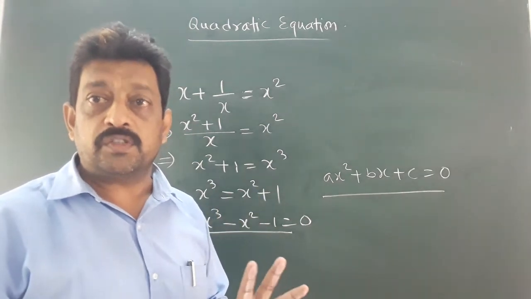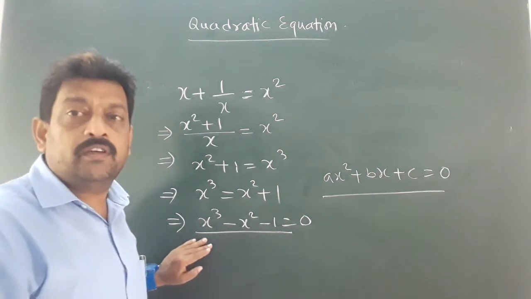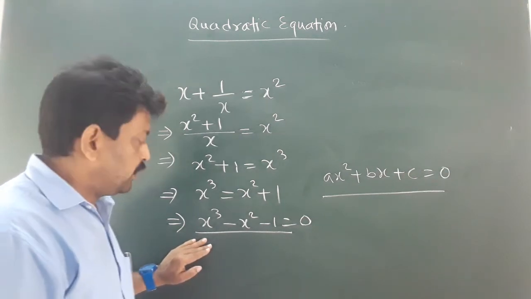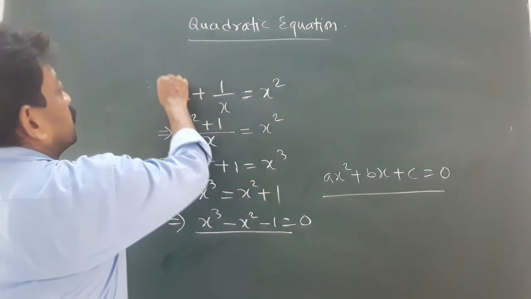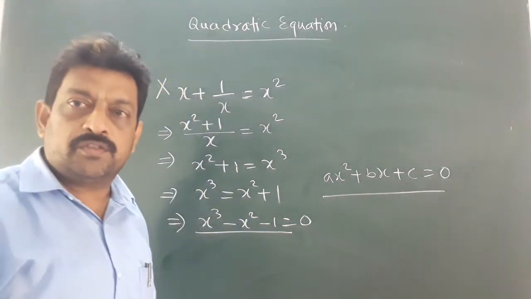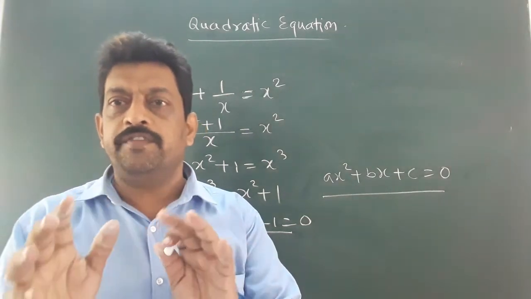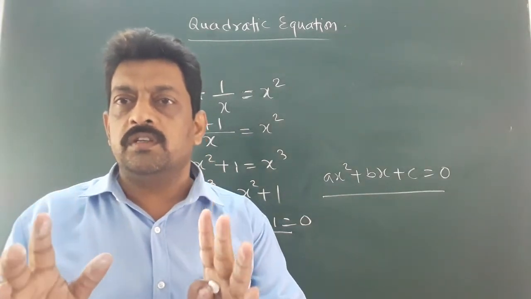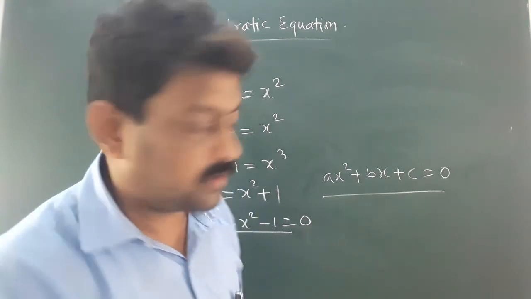That is why it is known as quadratic. So it is not quadratic, actually it has become a cubic equation. So we will say that the given equation is not a quadratic equation. Understood? So now I hope that you have understood the difference between which equation is quadratic and which is not. Understood? Okay.